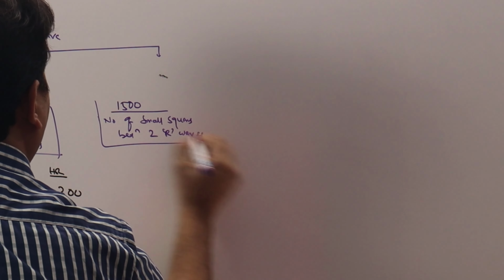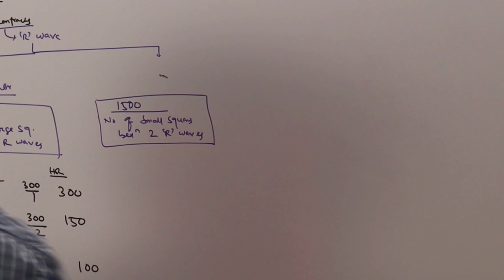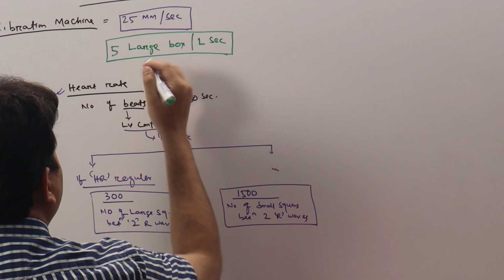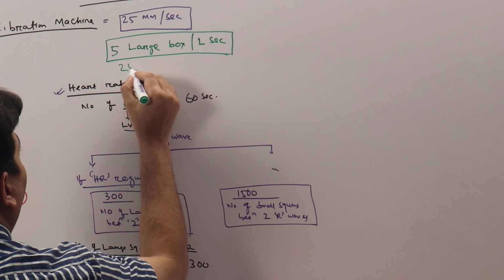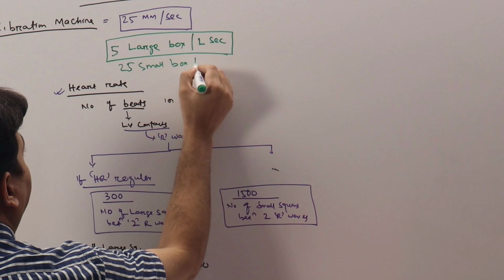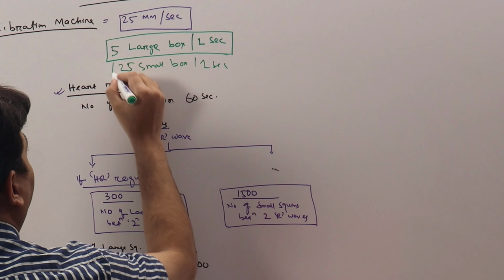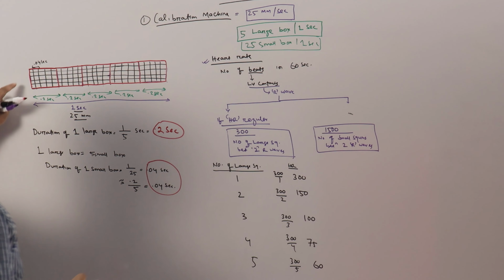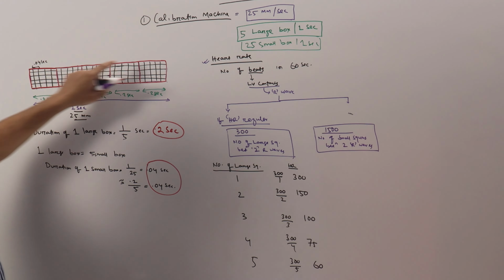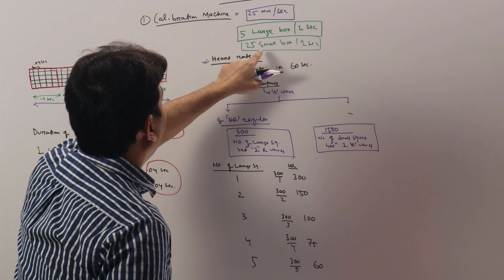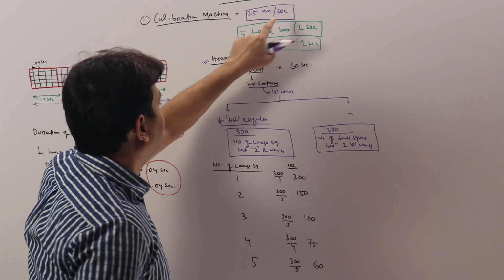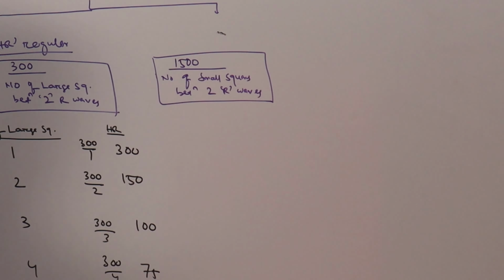From where has this 1500 come? Each large box contains 5 small boxes, so 5 large boxes are equal to 25 small boxes, and this is per second. So if you multiply 25 into 60, it comes to 1500. Here also the same thing.